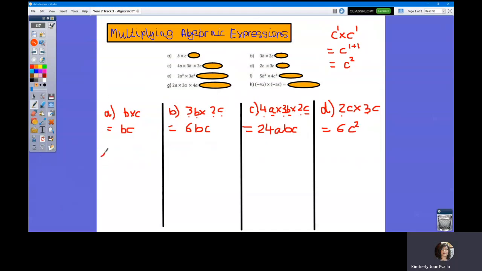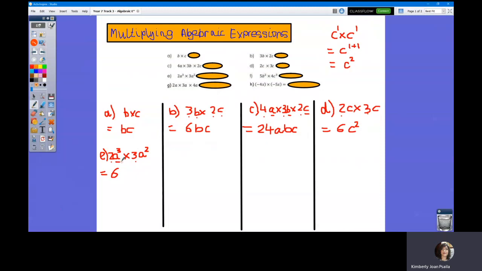Letter E, we have 2a cubed times 3a squared. First we multiply the coefficients. 2 times 3 gives us 6.